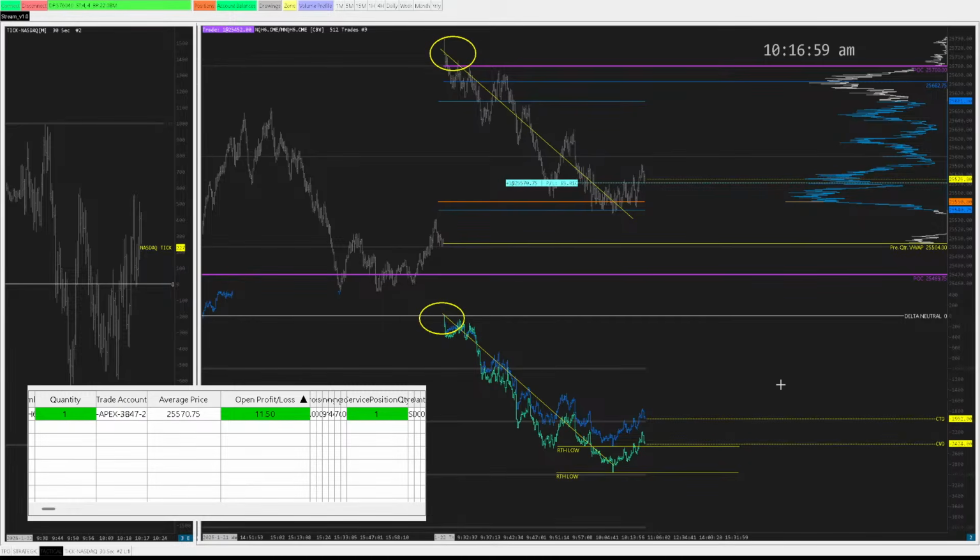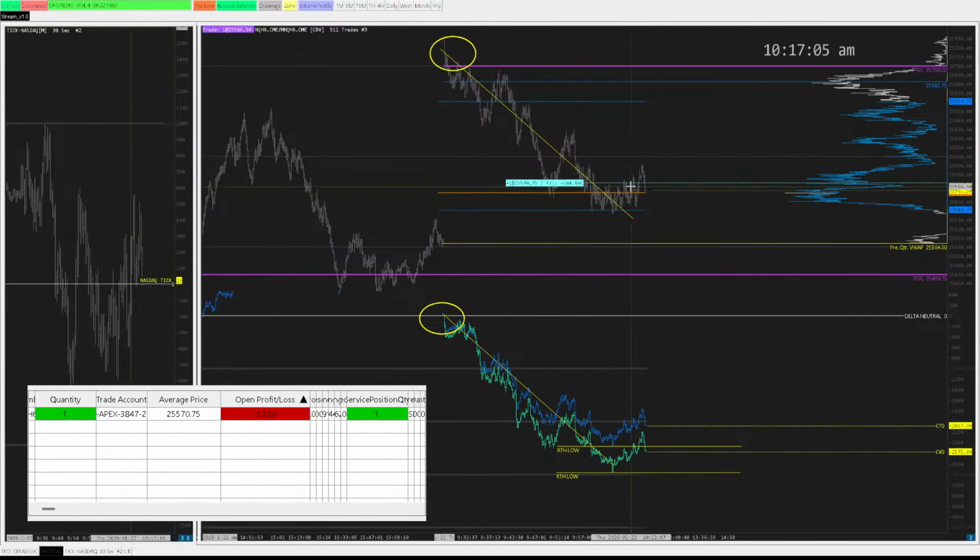The timing of that, I'm basing on statistics and everything else. So I'm not stressed out about putting on a micro here on any particular entry model. It just gives me a lot of flexibility in my trading, and I'm not stressed out about it, okay?